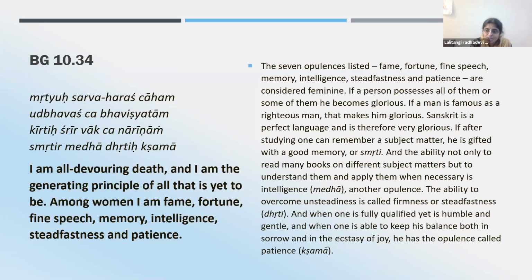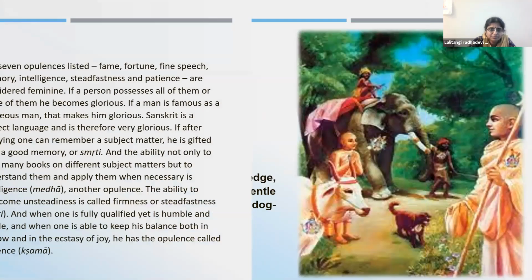Please don't speak like this. So Srila Prabhupada was so humble. Many devotees recollect a lot of pastimes, how he is the abode of humility. So with all these qualities, if a person is humble and gentle, that's the thing.